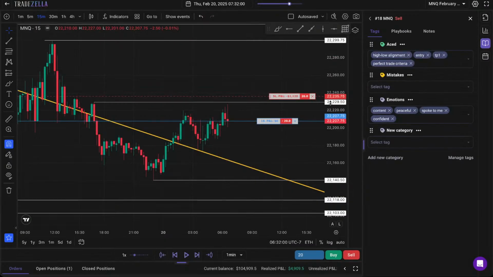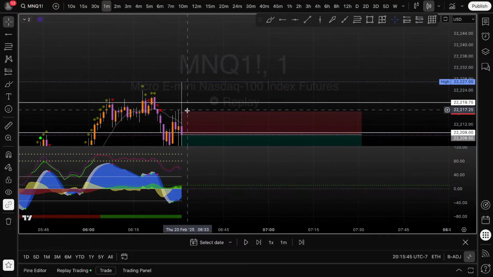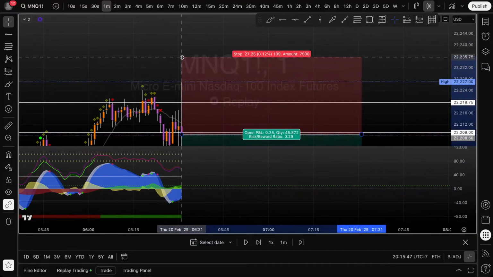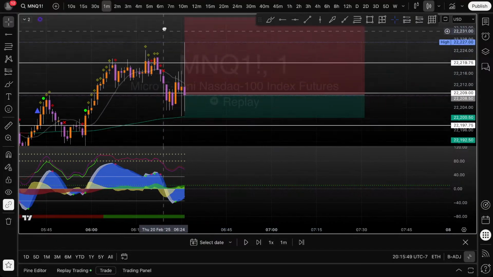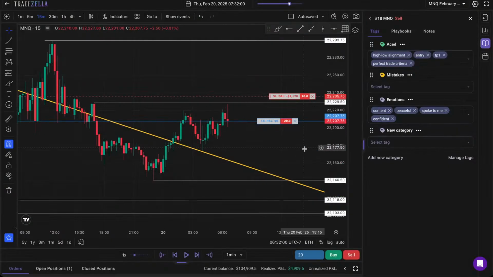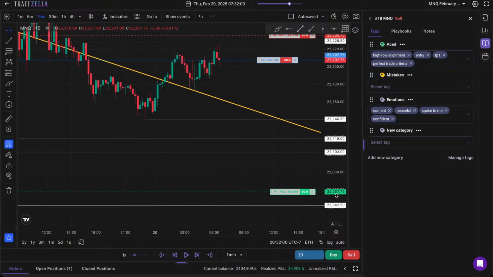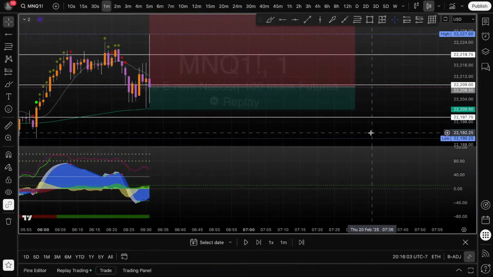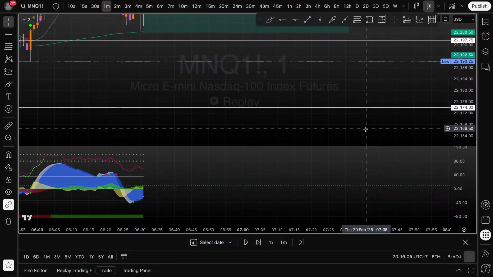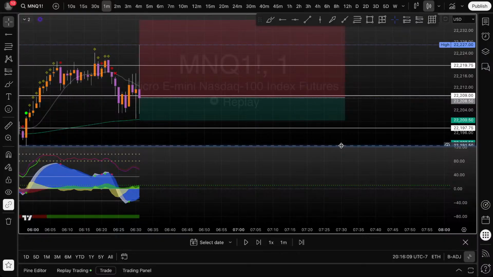Where's my stop? 235.75. Okay. My big TP is 057.75. Oh, she's way down there. Okay.